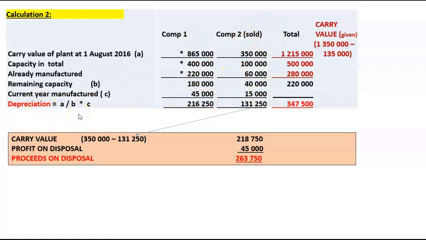So what is our depreciation now? It will be our carrying value as at the beginning of the year, 865,000. There's no residual value, divided by the remaining capacity, which is the 180,000, multiplied by the number of units in the current year, 45,000, and that will give us our depreciation on component 1 of 216,250. Component 2, we will say, well, the total carrying value was 350,000.